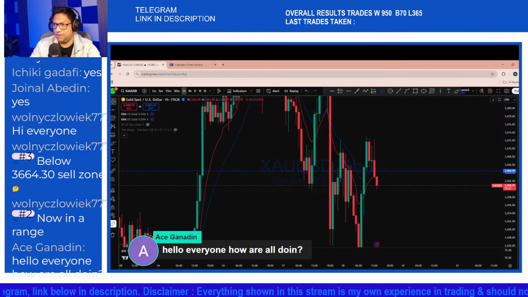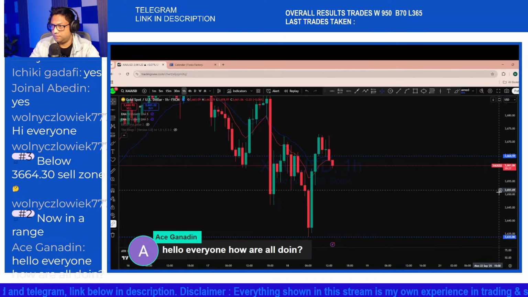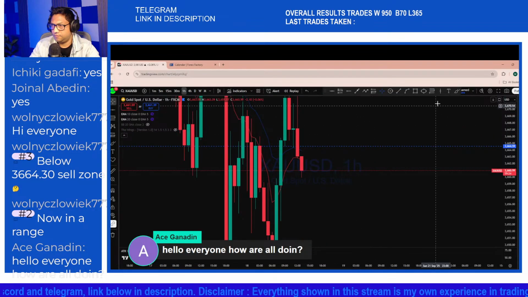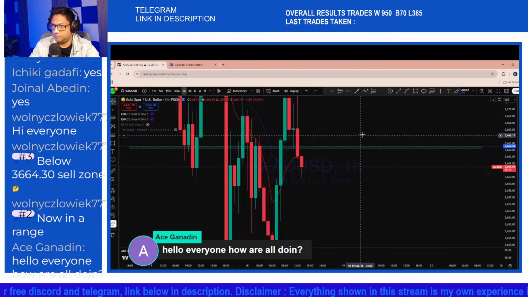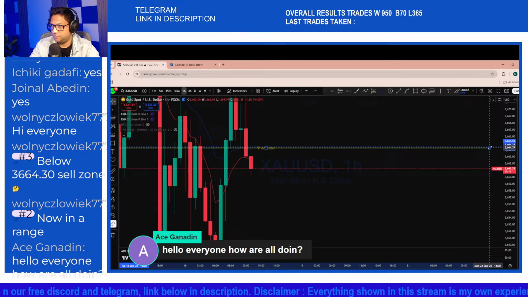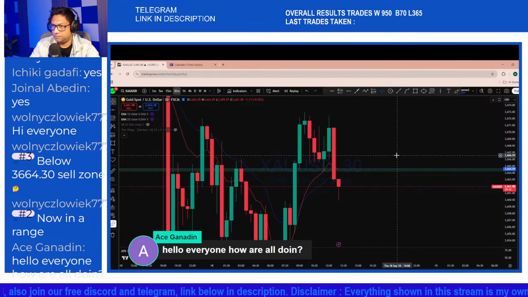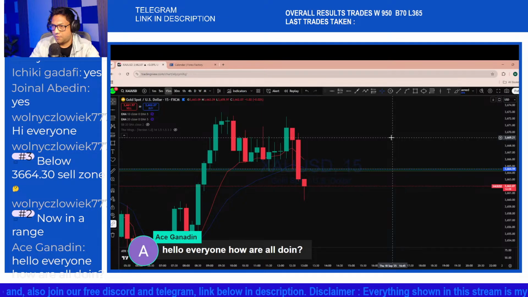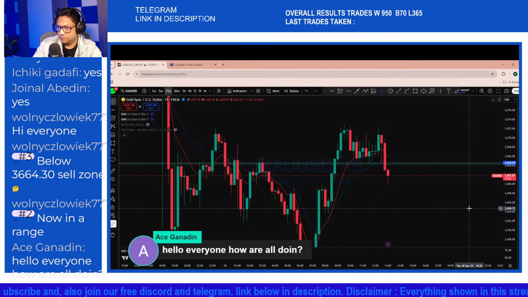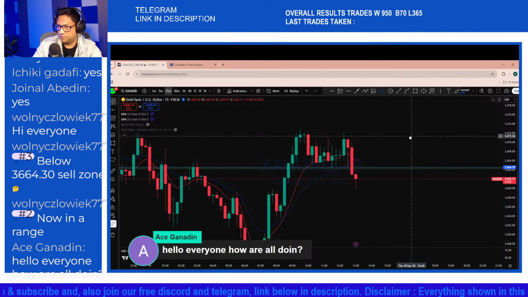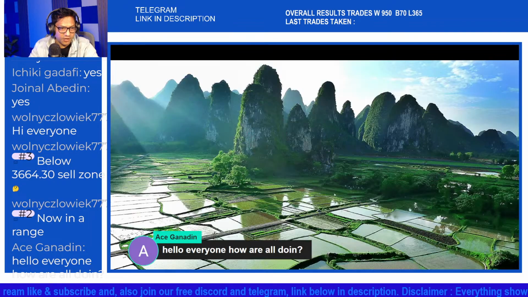That means there is a possibility for a break below here. Still there isn't any directional bias that has formed in that area.